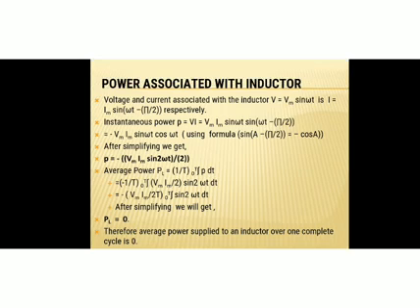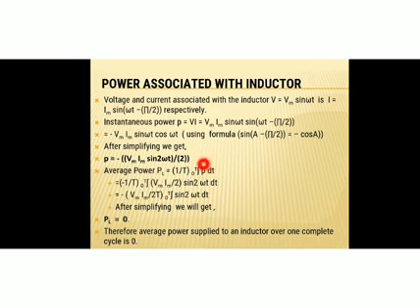Then what about the power associated with the inductor? Here the voltage and current associated with the inductor are V = Vm sin omega t and current I = Im sin(omega t minus pi by 2). What is average power? Average power is obtained using this expression: average power is equal to 1 by T into the integral from 0 to T of p dt.